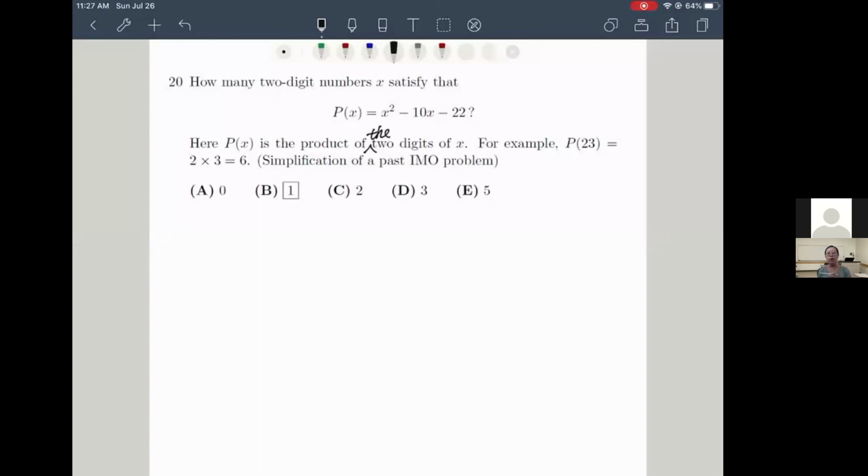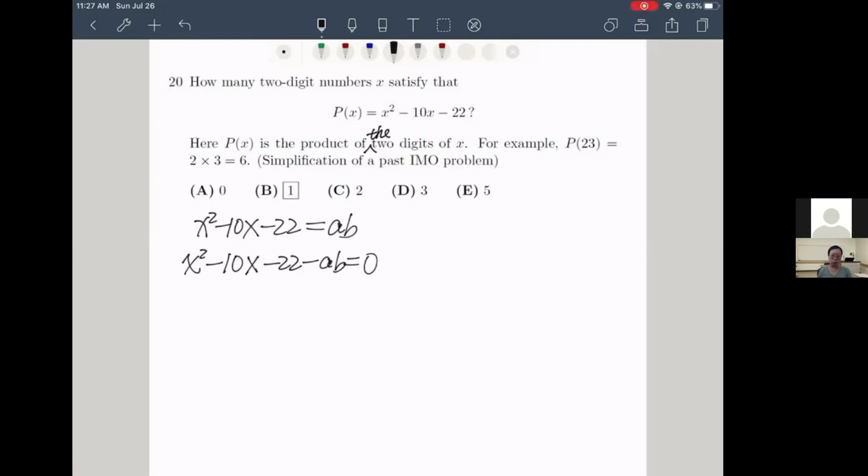Let a and b be the two digits, that is, x squared minus 10x minus 22 equals ab. And if we rewrite this as the standard quadratic equation, we have x squared minus 10x minus 22 minus ab equals 0. So x has to be an integer, so the coefficients have to satisfy some conditions.